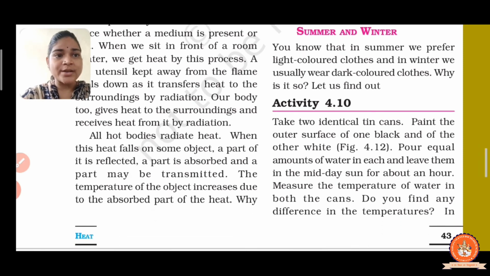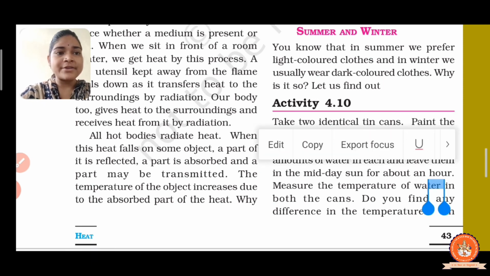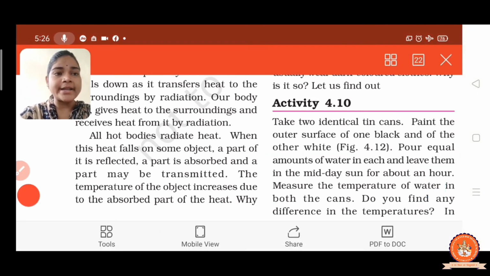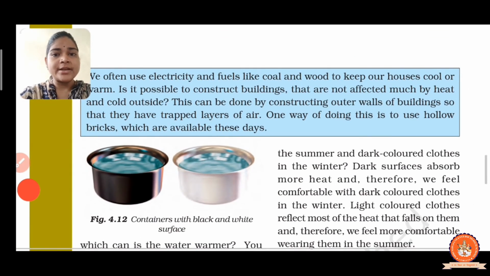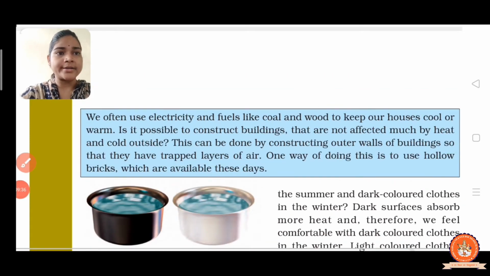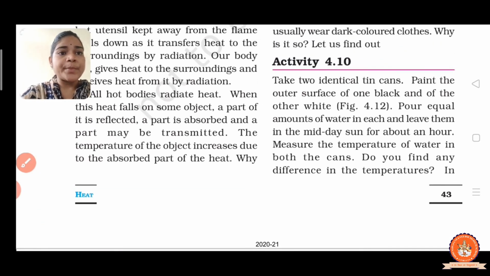So with the same concept, activity 4.10 is given to you. Take two identical cans, as given in the figure. You can see in the figure there are two identical cans, black and white. Paint the outer surface of one container black and the other white. Then pour an equal amount of water in each and leave them in the midday sun for an hour.